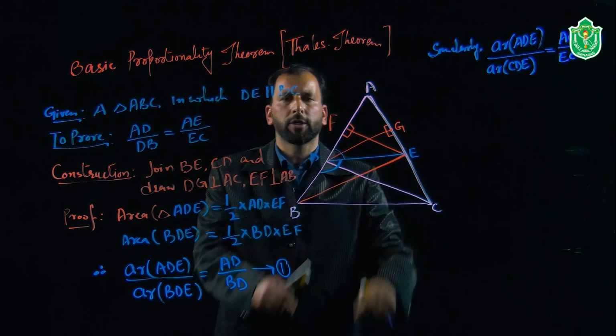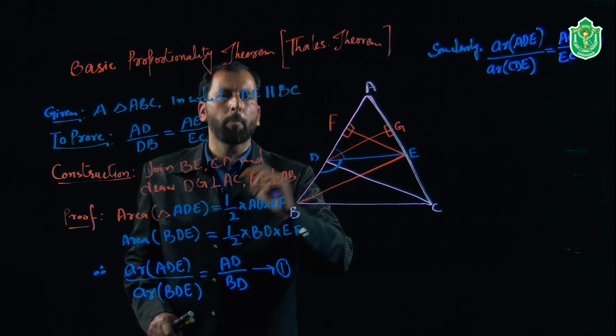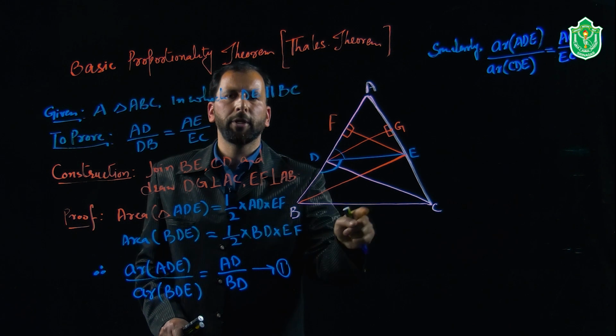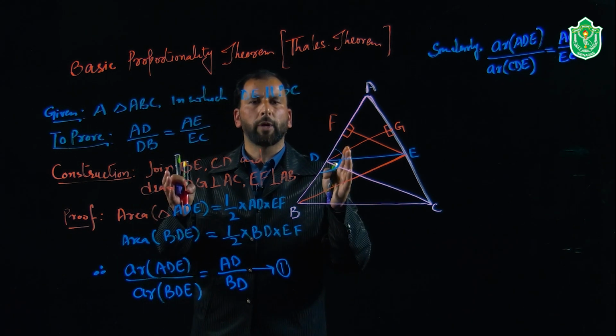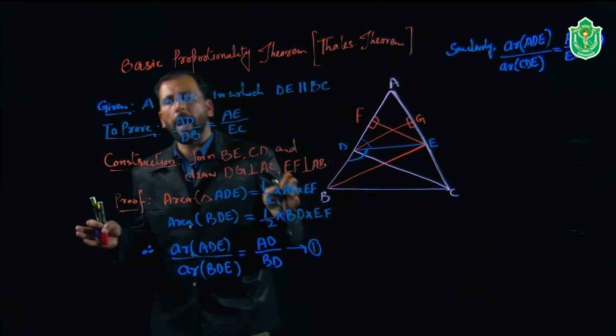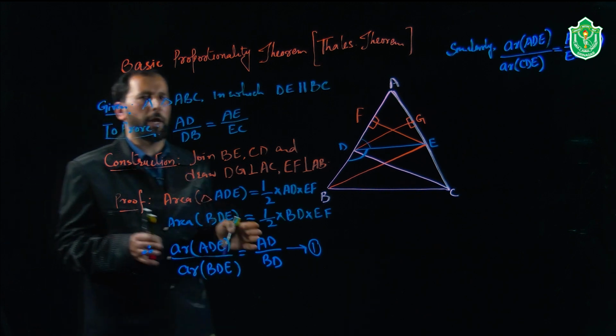Clearly these two triangles lie on the same base, that is DE, and between the two parallels DE and BC. You have already learned this result in class 9, that when two triangles are on the same base and between the same parallels, then the two triangles are always equal in area.